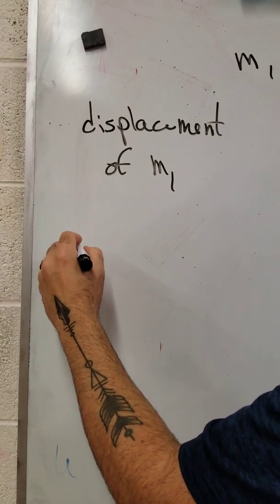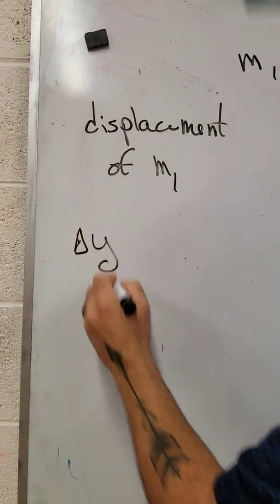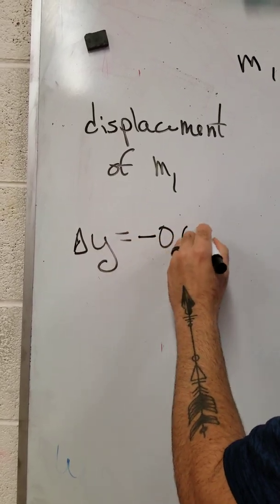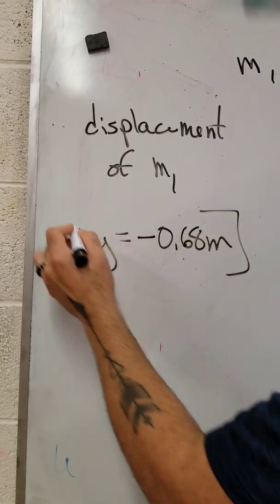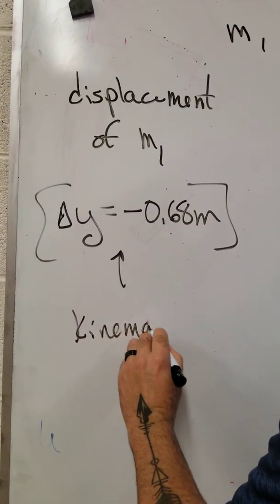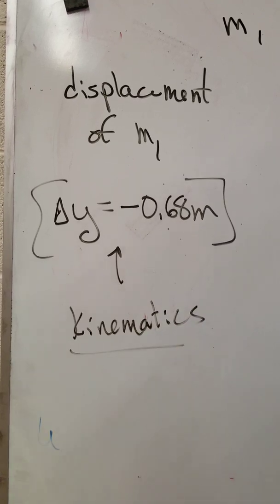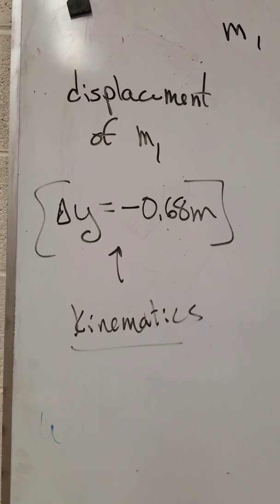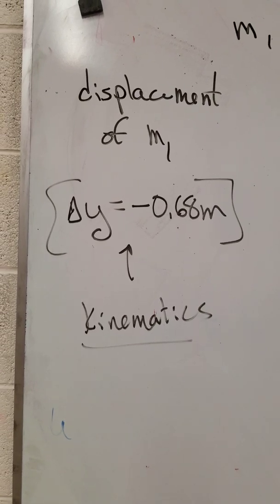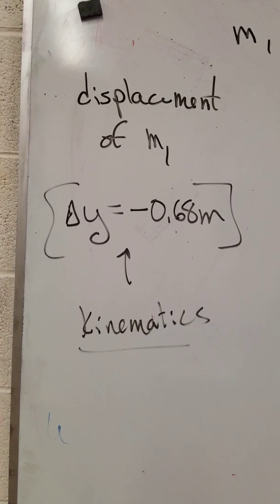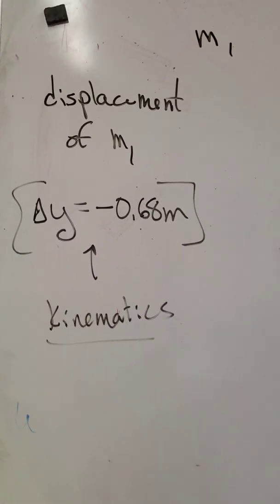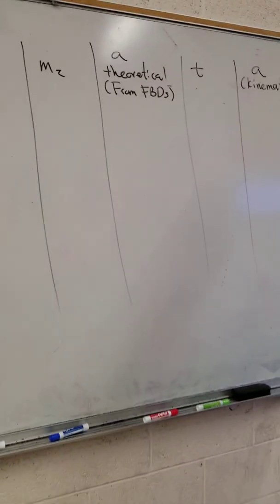So we're going to call that delta Y, and that's going to be equal to negative 0.68 meters. That's going to be important for the kinematics. We need that number, and I measured that beforehand. So M1 is always going to displace negative 0.68 meters. That is to say, M1 is always going to fall 0.68 meters every single time. So I have that preset.